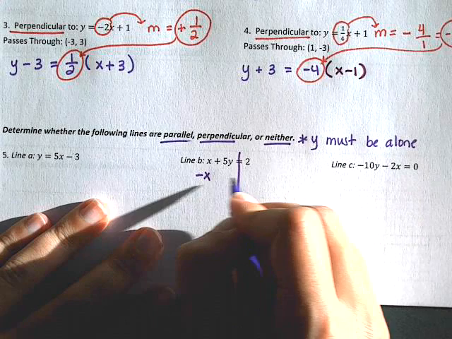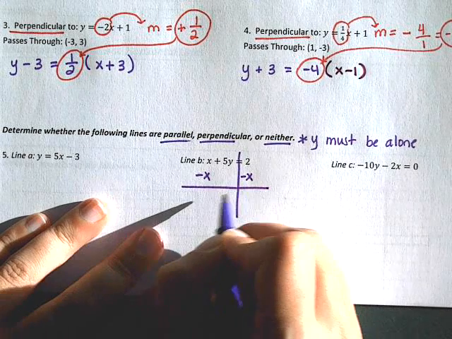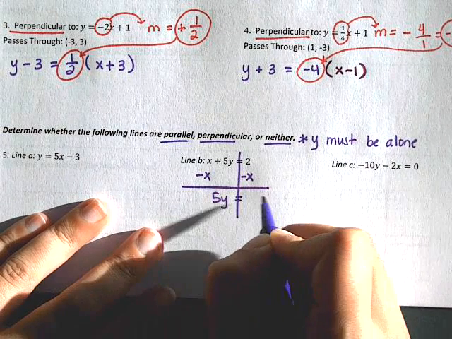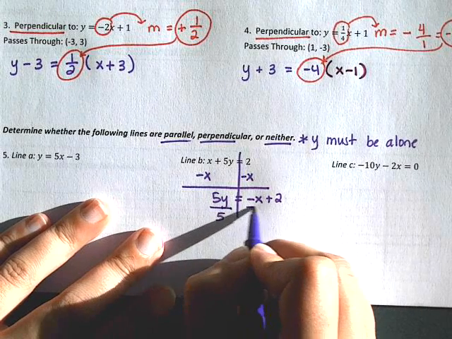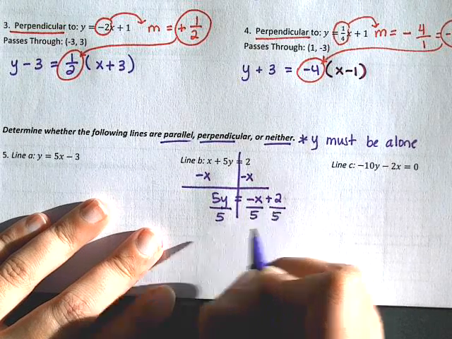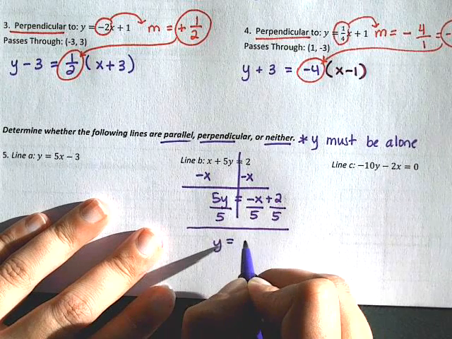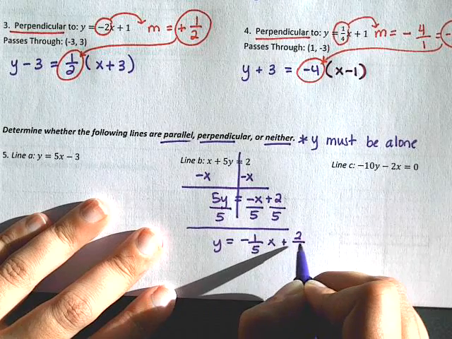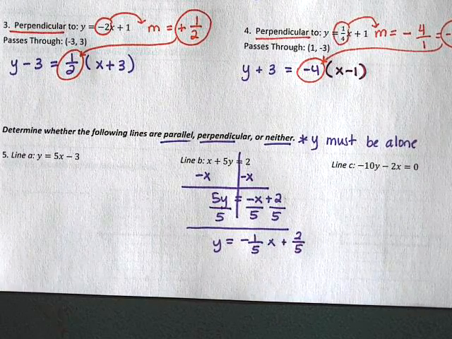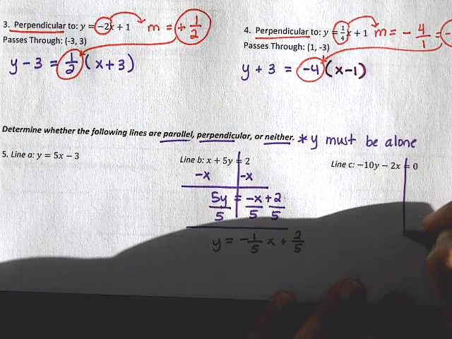So subtract the x on both sides. We get 5y equals -x plus 2. We divide by 5. We get y equals -1/5 x plus 2/5. And line C, again, got to do a little work.